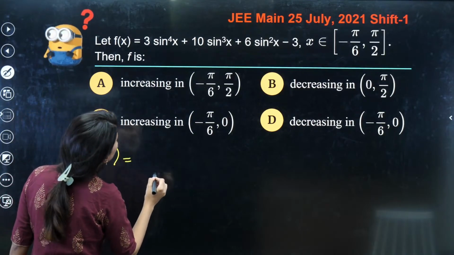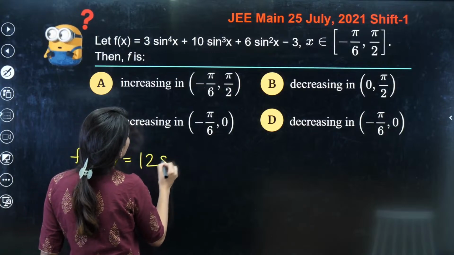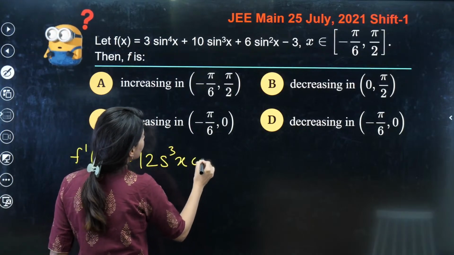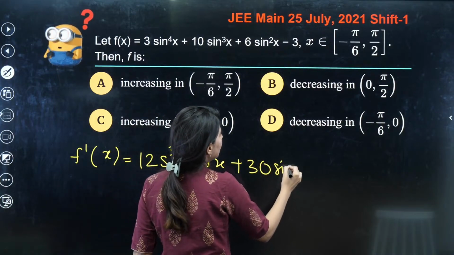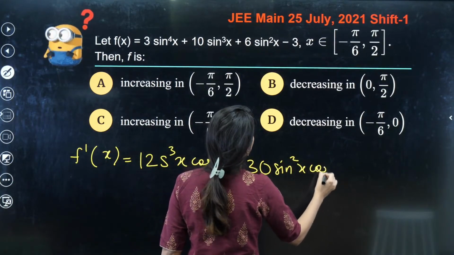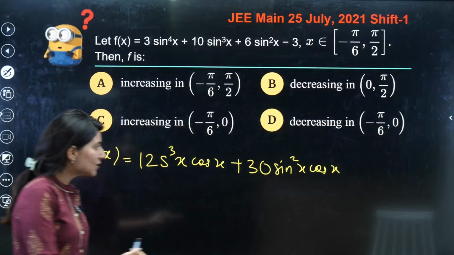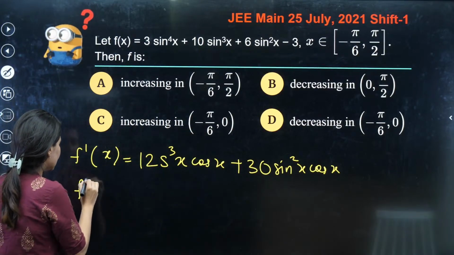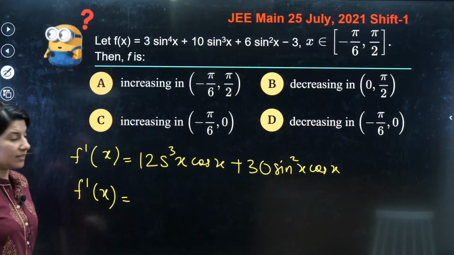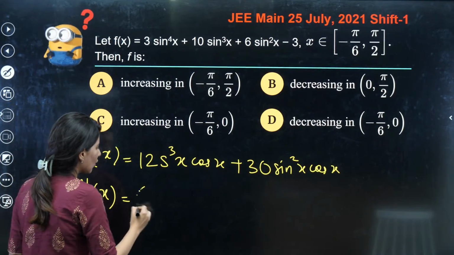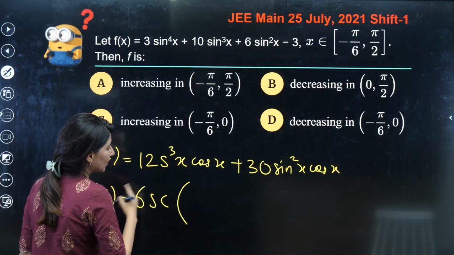So 3 4s are 12 sine cube x cos x plus 10 3s are 30 sine square x cos x. That's it. Now sin x cos x we can take out common. So 12 and 30 and 6 also we can take common. 6 sin x cos x will be out.